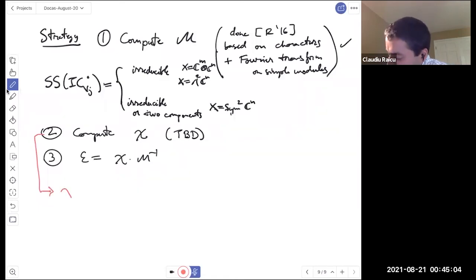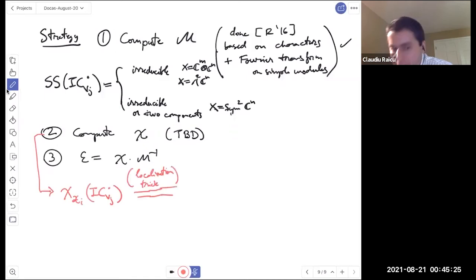So I'm saying I'm interested in computing these stalk Euler characteristics. And there is a very familiar localization trick when you work with matrices that works for this calculation.